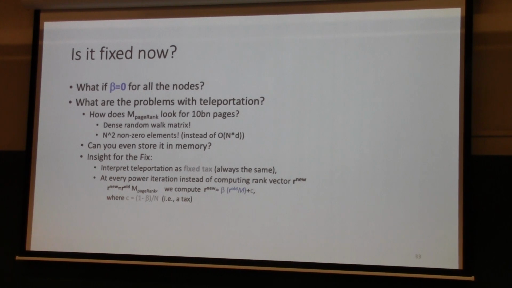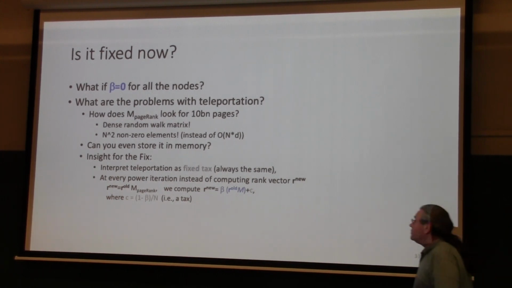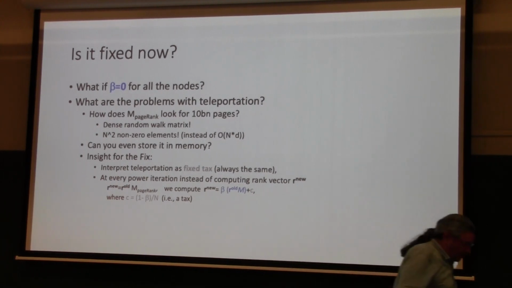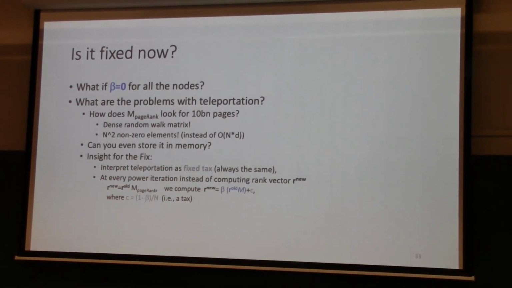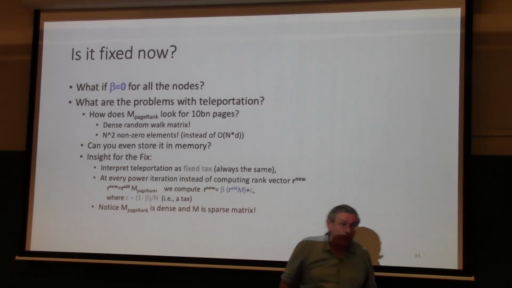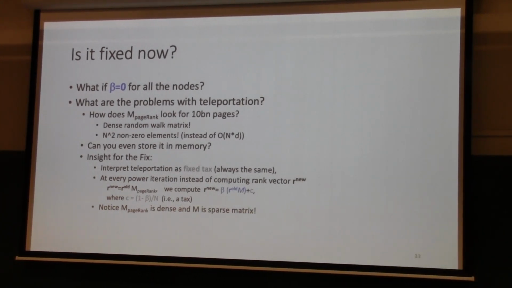The matrix is sparse, okay? The number of elements in this matrix is basically similar to the number of edges, and so it's much, much less, okay? M is what's called a sparse matrix. So most of the entries in M are zeros. You can implement it much more efficiently, okay?